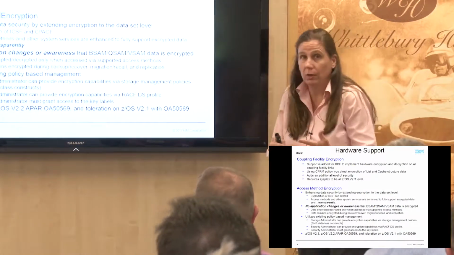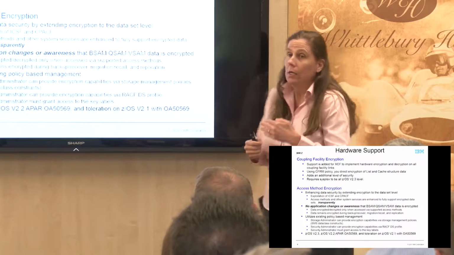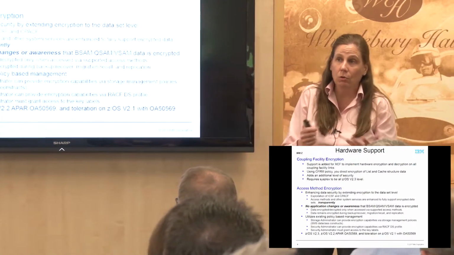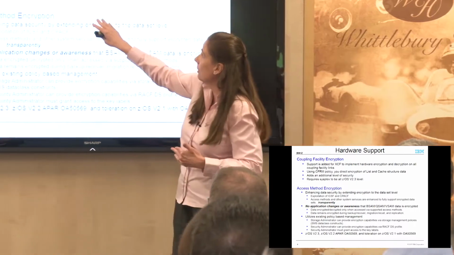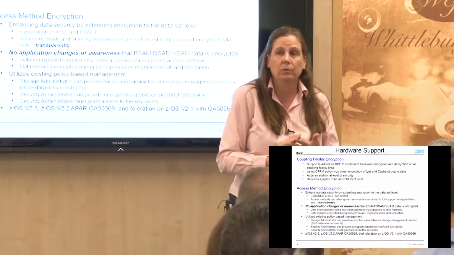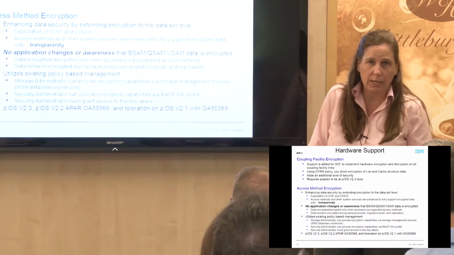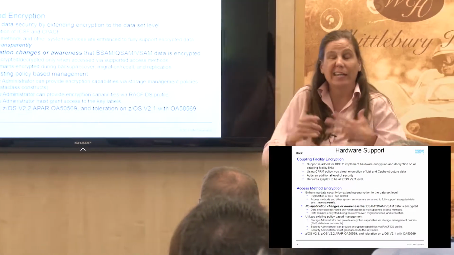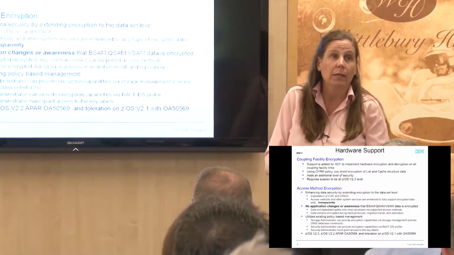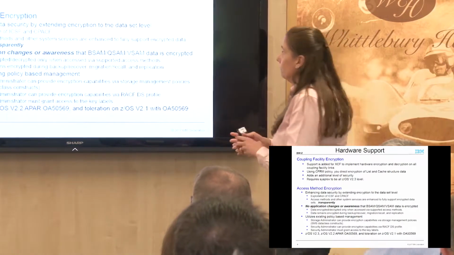In a nutshell, that's what CF encryption is. It requires that the sysplex is totally at z/OS 2.3. You can run it in a mixed sysplex, but I would not do that on a production system. Just do that to maybe test it out. However, it's strongly recommended that you be at z/OS 2.3 everywhere in order to start using CF encryption in production.